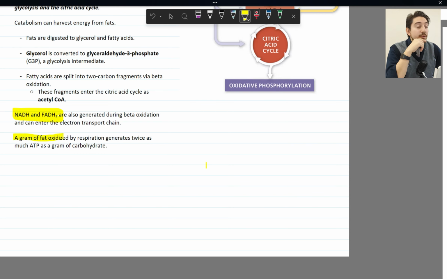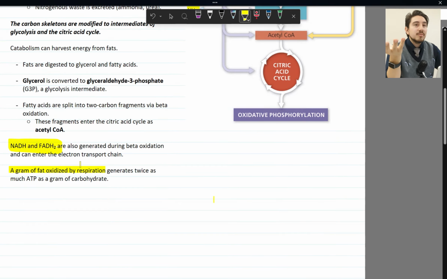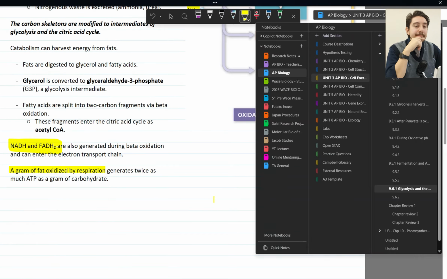Interesting, a gram of fat oxidized by respiration can generate twice as much ATP as a gram of carbohydrates. So they're more energy-rich molecules. You can yield more ATP compared to carbs.